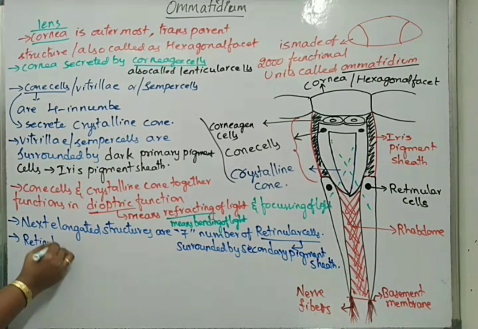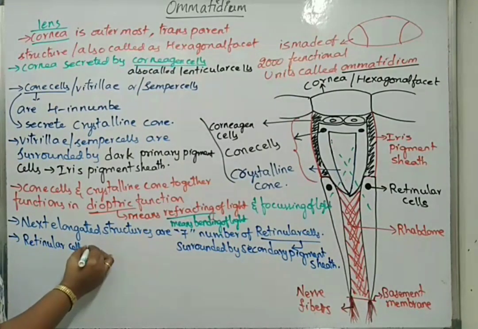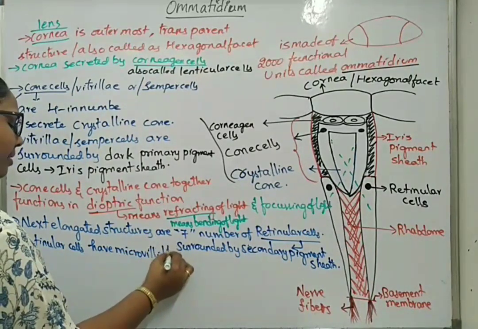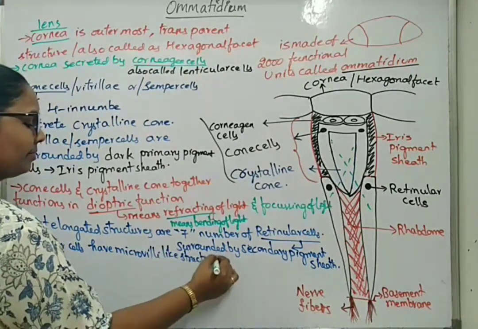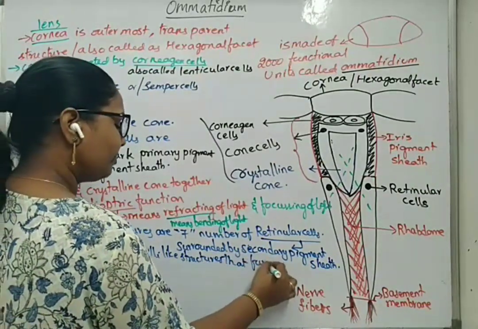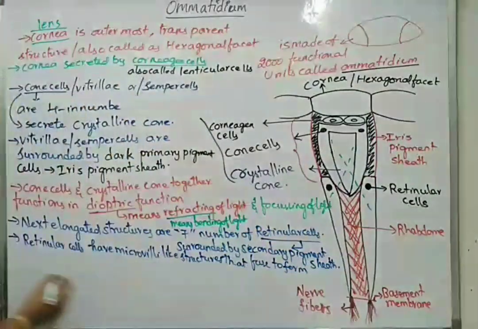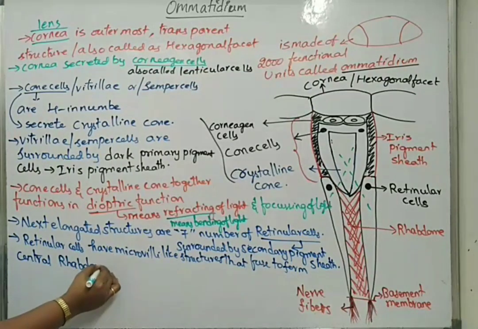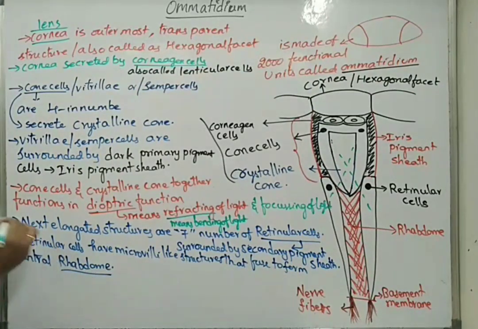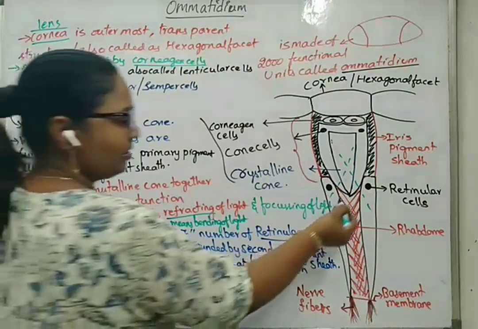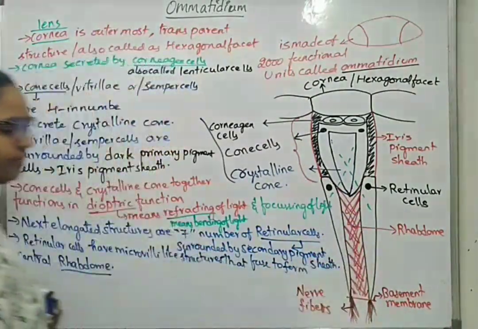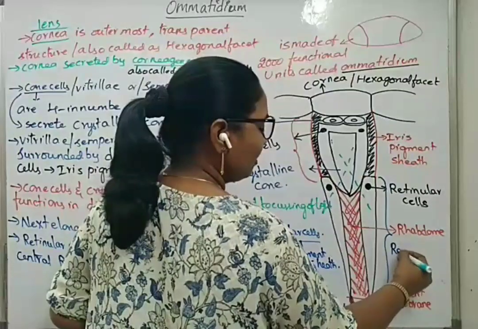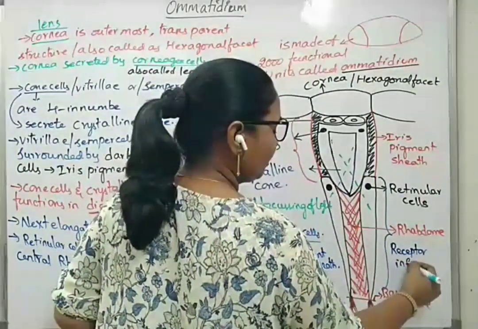Retinular cells have microvilli-like structures that fuse to form the central rhabdom. The central rhabdom is this structure, this middle red colored one. These retinular cells and the rhabdom together function as receptor in function.